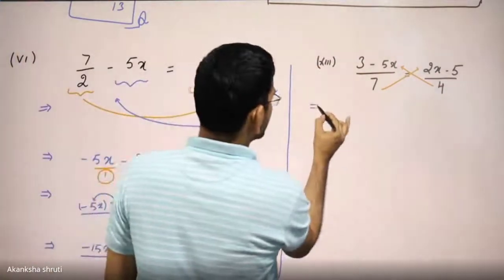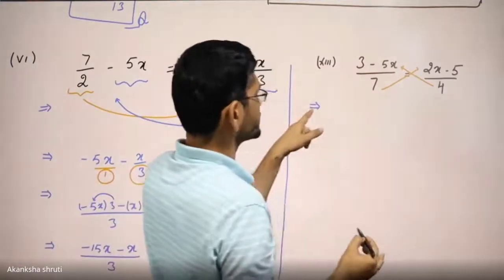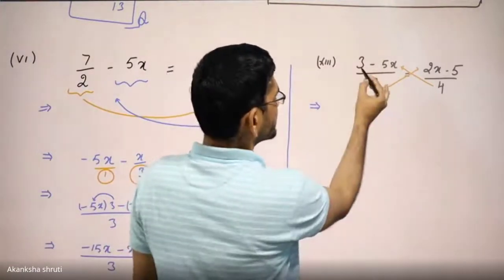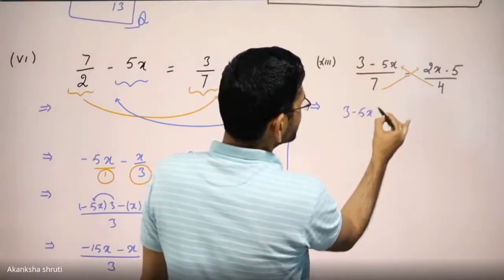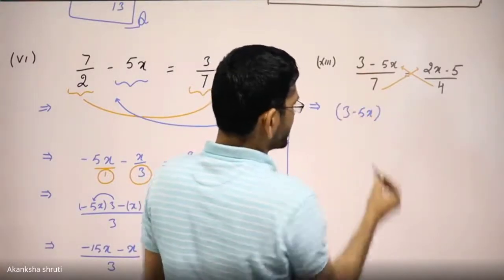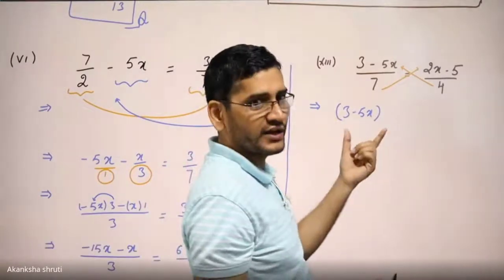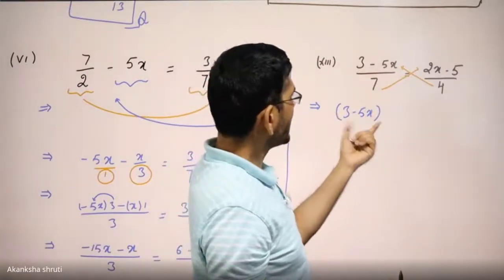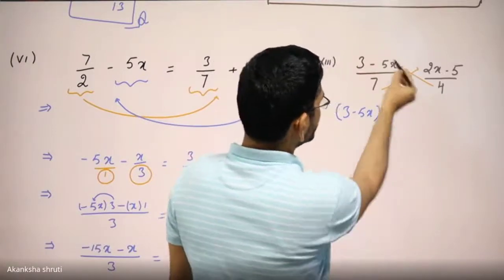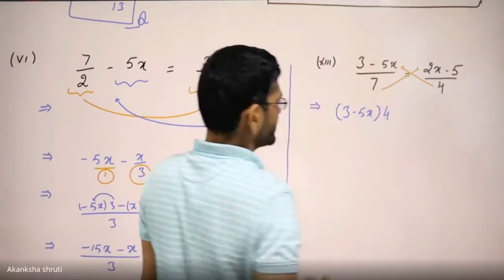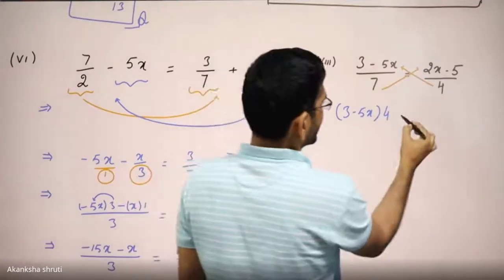Therefore, this implies, do not forget to put the implies symbol. Whatever is 3x minus 5x, keep it inside a bracket, because it represents one thing by which this 4 has to be multiplied, because the entire numerator has to be multiplied by 4. Therefore, we have written it like this.